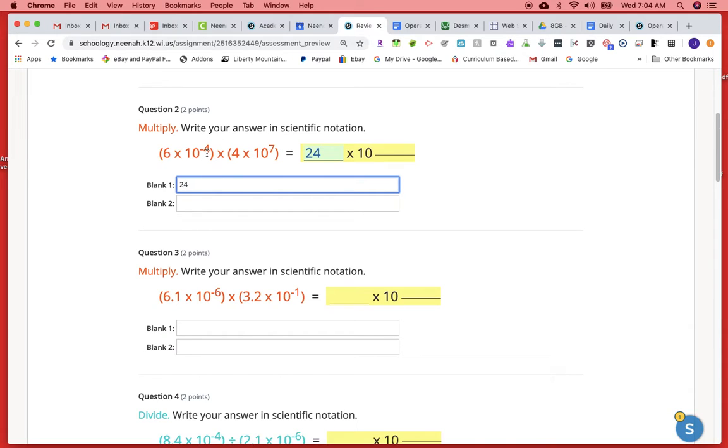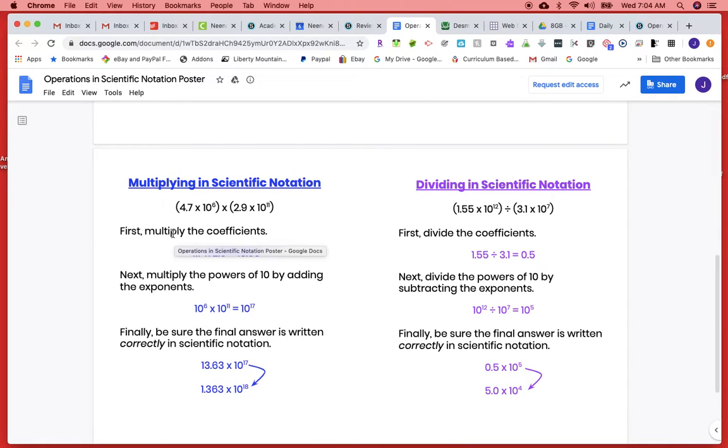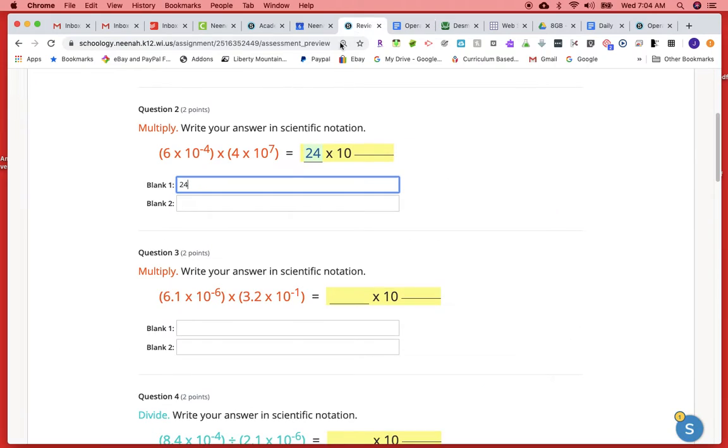The next step is taking our exponents and adding them. And if you need to go back to the poster to refer, the first thing we did was multiply the coefficients. Next is, if we're multiplying the powers of 10, we need to add our exponents. So we're looking at our exponents of negative 4 and 7.